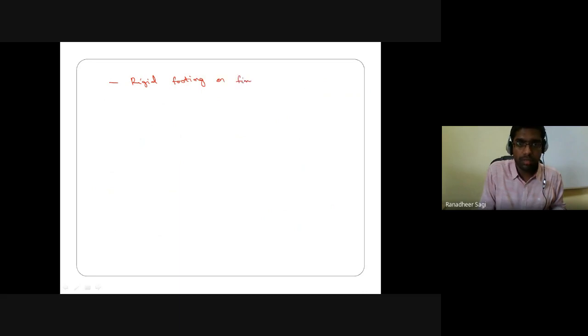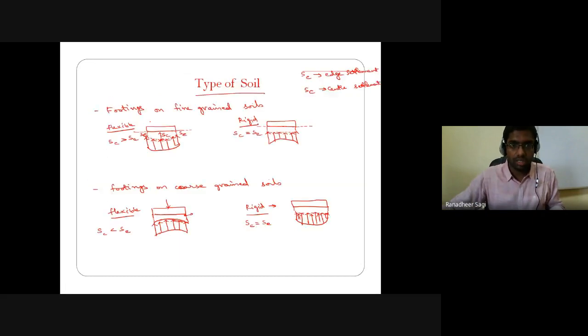Rigid footing on fine grained soils. This is the first case. If you can recall the earlier discussion we had for the case of your rigid footing resting on fine grained soil, this is the case I am trying to talk about. What is it indicating?